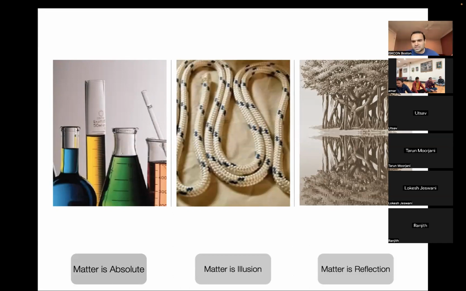Various atoms came together in a random reaction and produced molecules. Molecules coming together produced protein strands and genes, which further led to single-celled organisms, and then multiple cells came together. Somehow all of this happened randomly. And if we fervently question such theories, the answer we usually get is, oh, it happened over millions of years, Baba. Given millions of years, don't you think all these wonderful phenomena can happen?